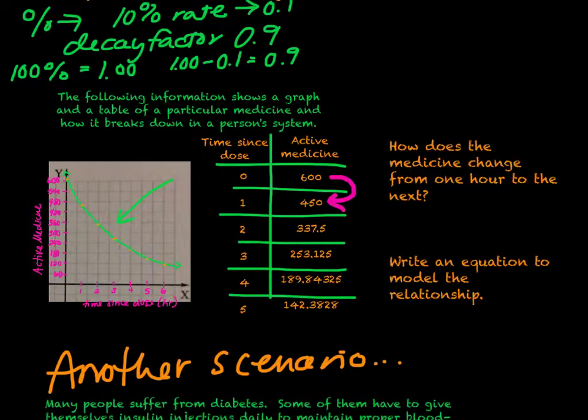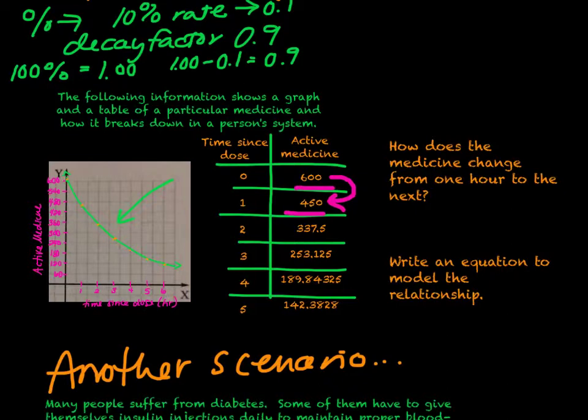And as you remember with finding our growth factor in previous investigations, we've taken the number that was in the second place and divided it by the one in the first place. And we can do that exact same thing here.